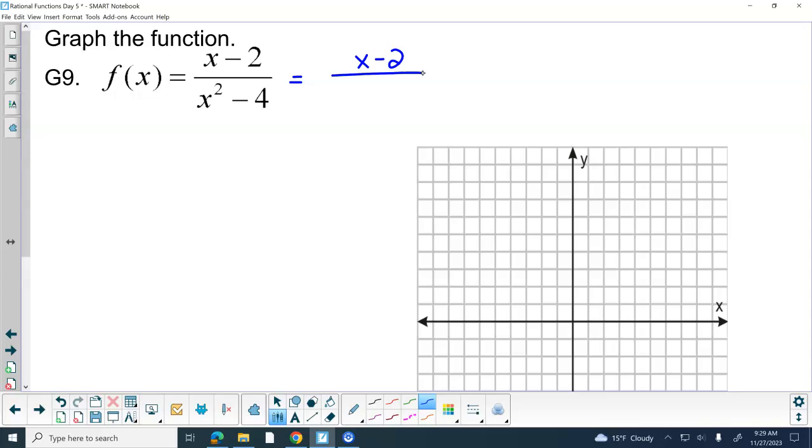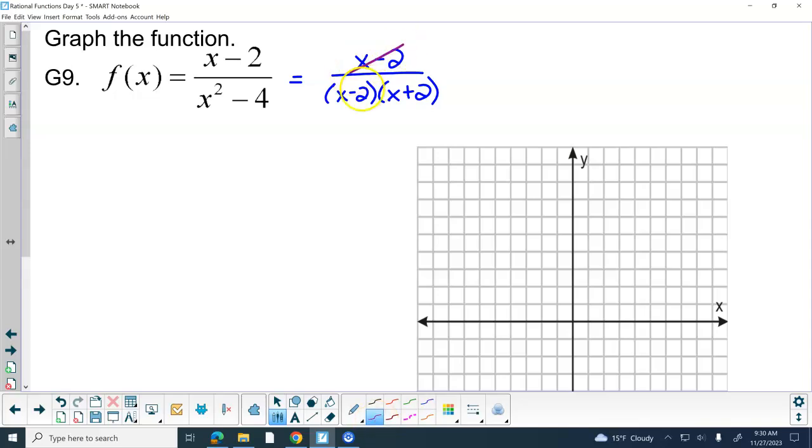Yes. What can the bottom factor to be? X minus 2 and x plus 2. Yep. Do I have a common factor? Yes. What is it? X minus 2.